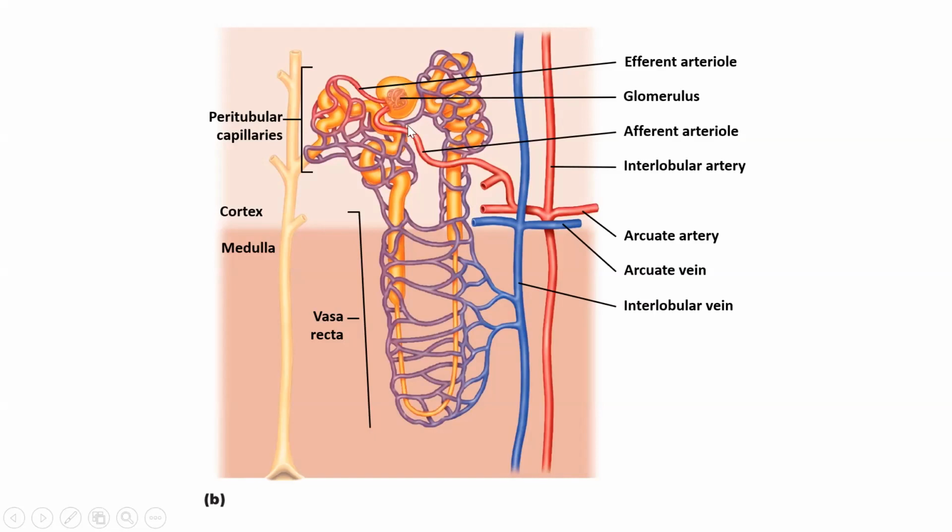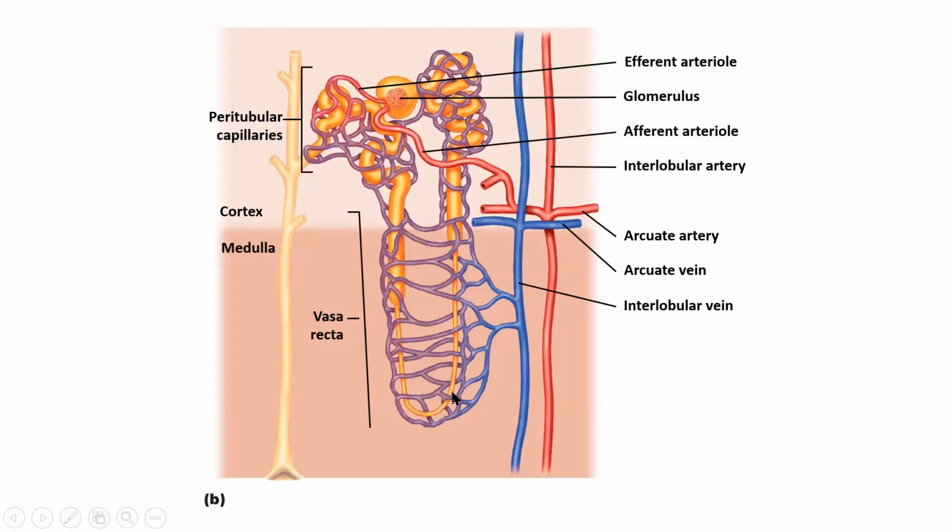The remaining tubular structures, starting with the proximal convoluted tubule, we can see how this part of the nephron is really twisty, really bendy, and it's wrapped around by these capillaries. And these capillaries are how we reabsorb or reclaim important nutrients that we need to remain in the body, that we don't want to lose in the urine.